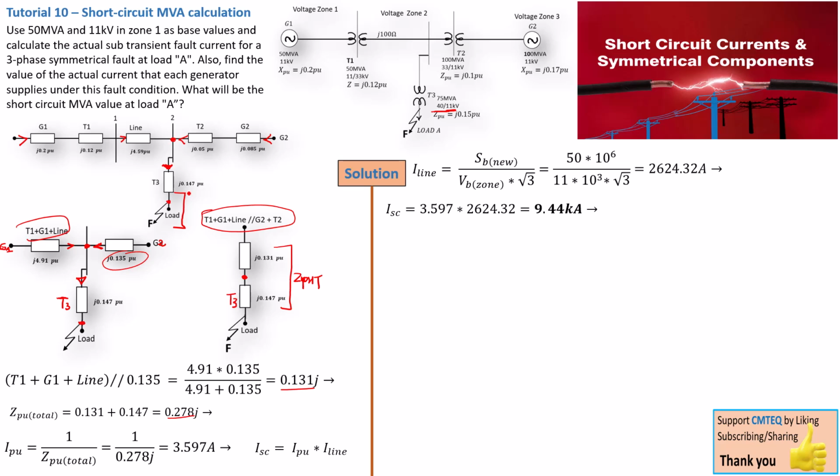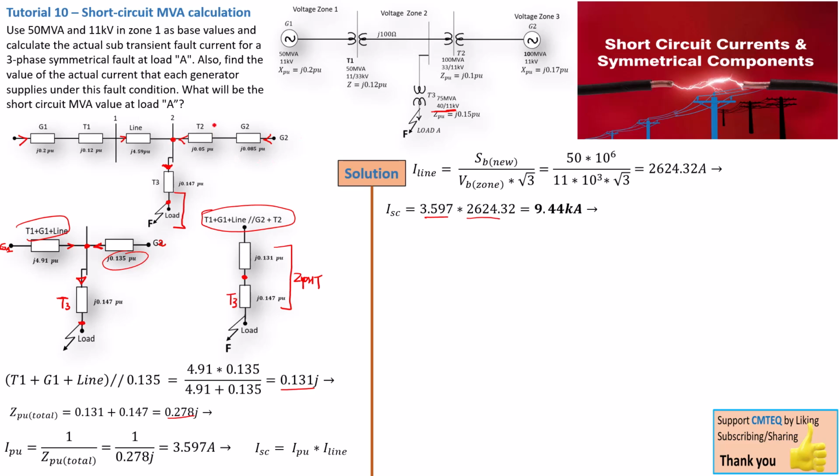From that, we can get our short circuit current at this point: I short circuit is equal to 9.44 kiloamps, that is I per unit times I line. It's a massive short circuit current present at this point.